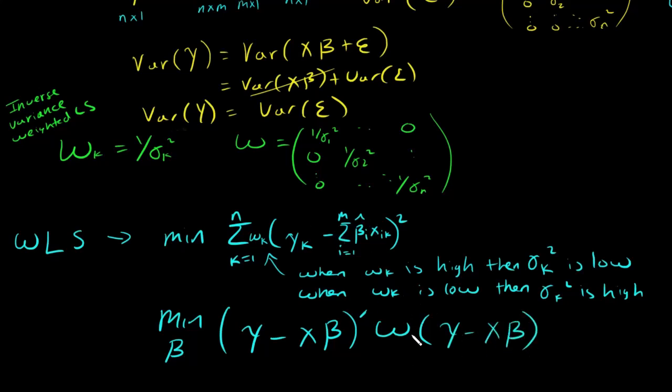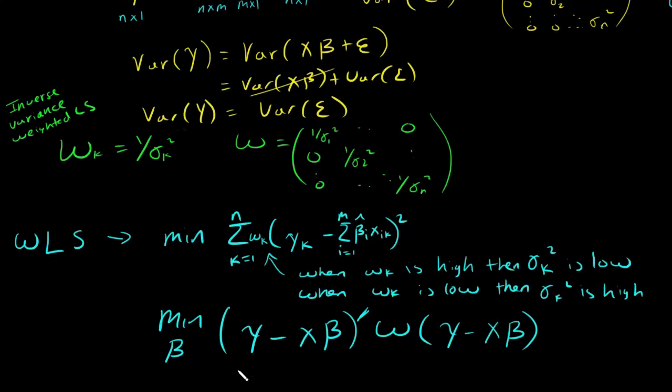Okay, so this is exactly the same thing, just written using matrix notation. So instead of writing squared, I've written it twice, once transposed and once not transposed, and then I have my matrix of weights here in the center. So you can go through and check that that's the same thing.